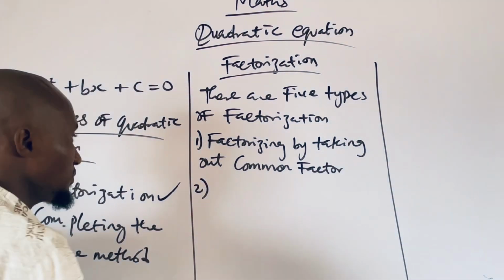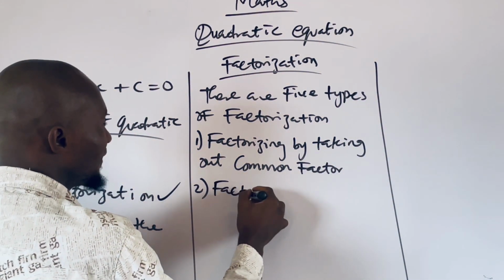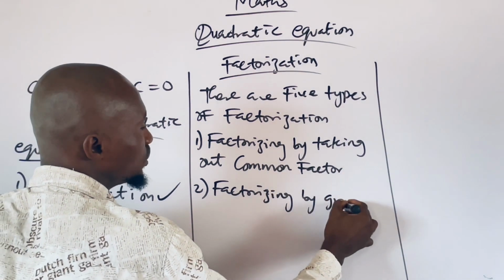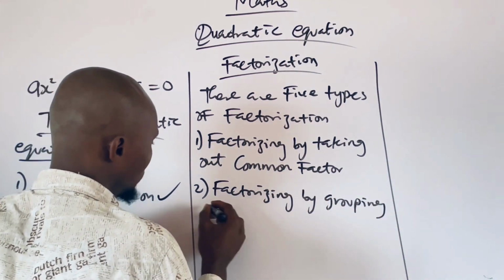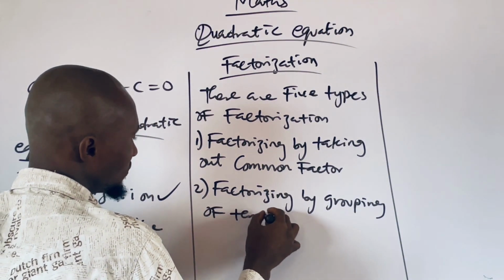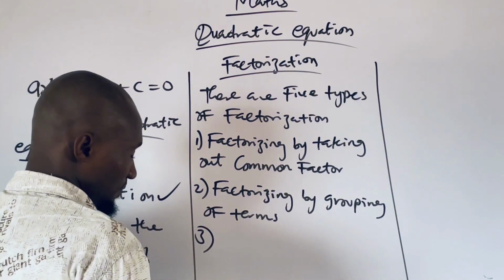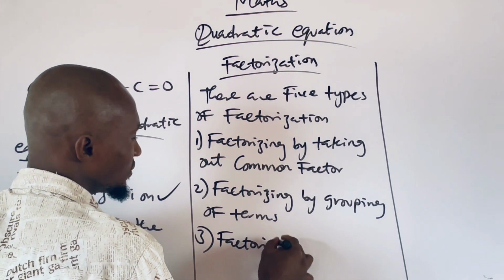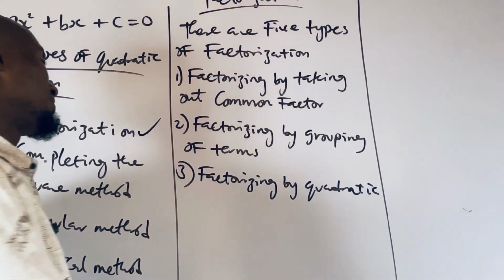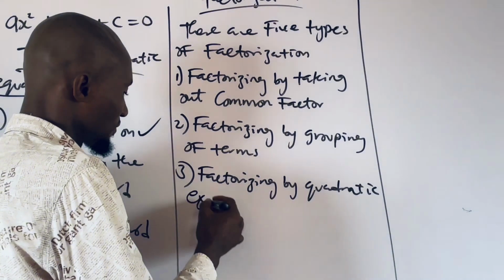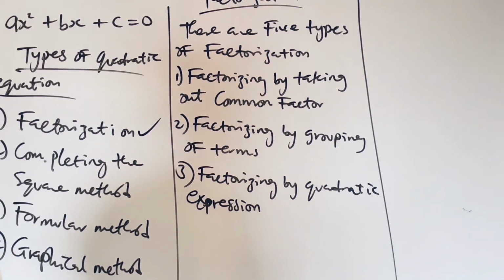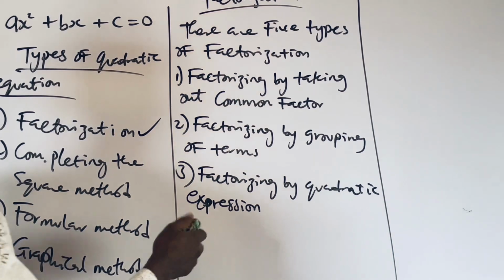Two, factorizing by grouping of terms. Three, factorizing by quadratic expression.